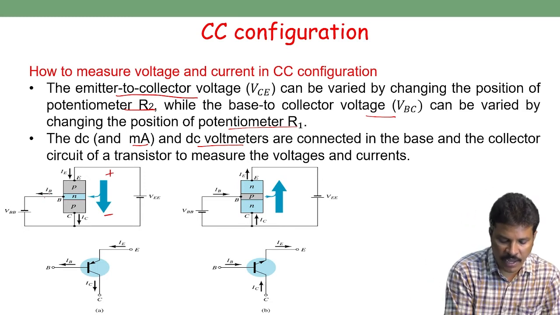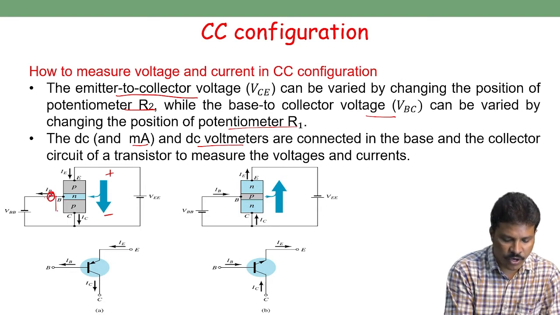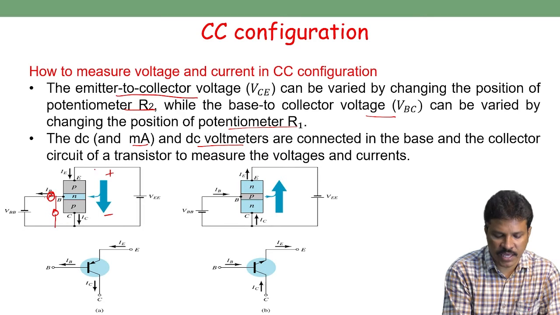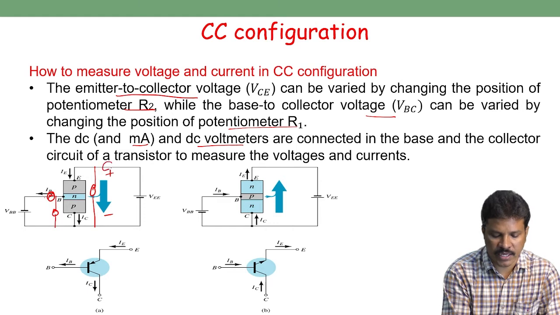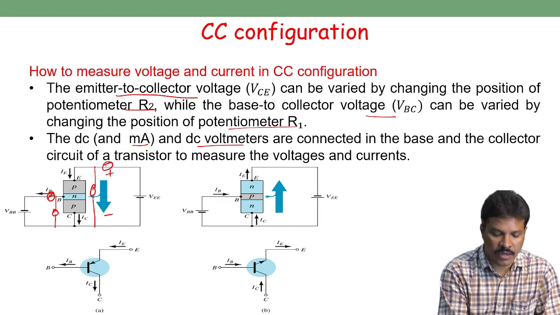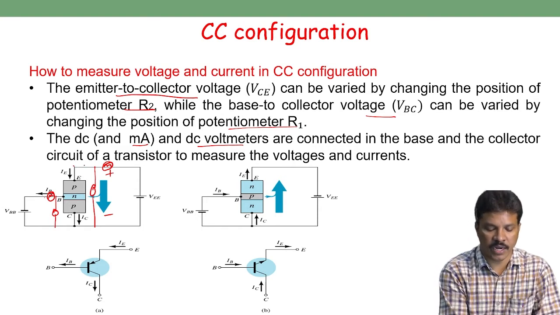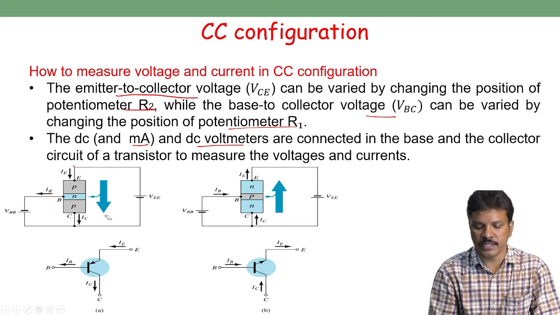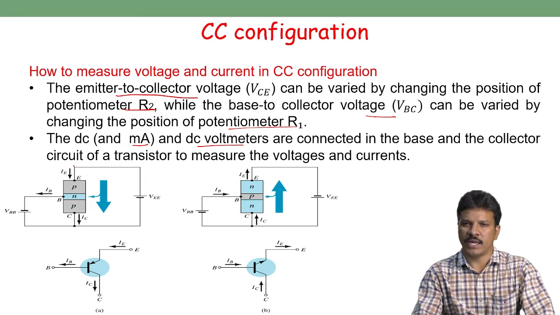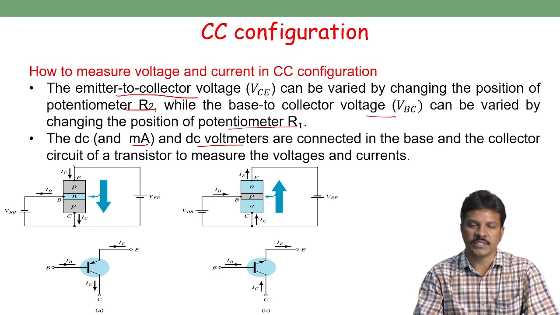We can place the microammeter here, and we can place the voltmeter here between emitter and collector, and we can place a milliammeter in the emitter to collector path. These are two ammeters and two voltmeters. Remember, when we use an ammeter in the base terminal, we must use a microammeter.